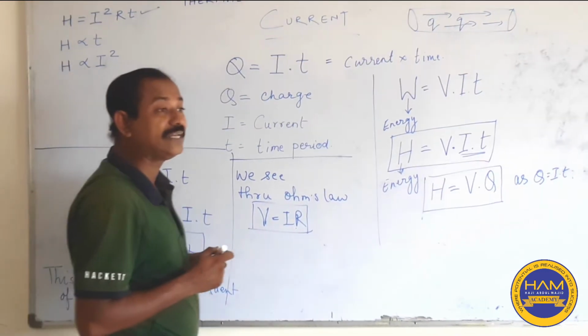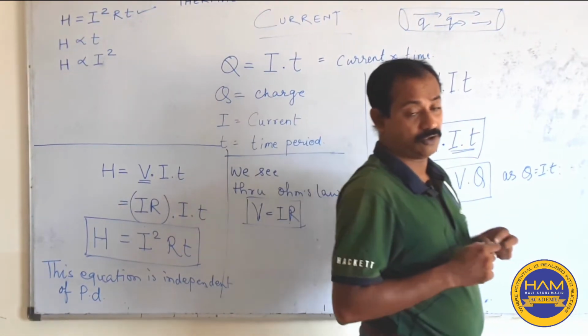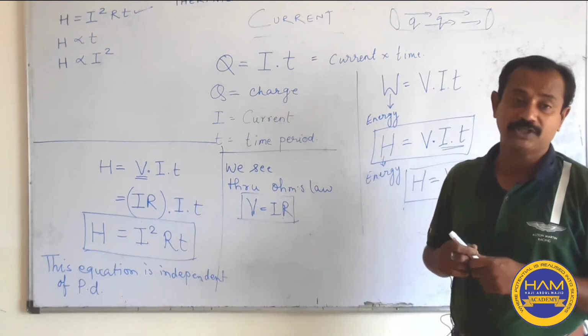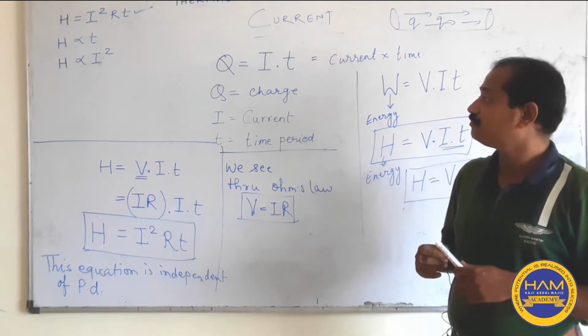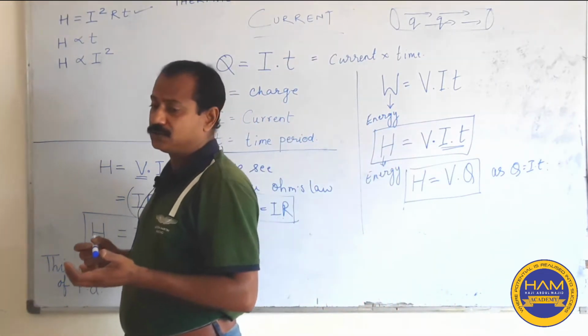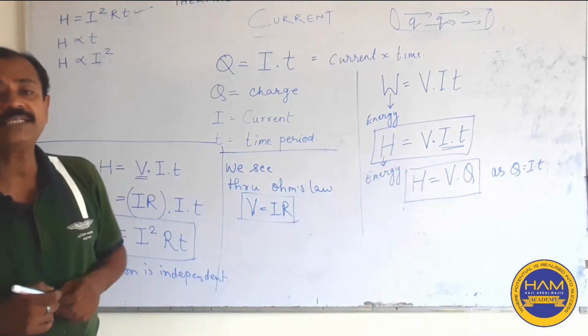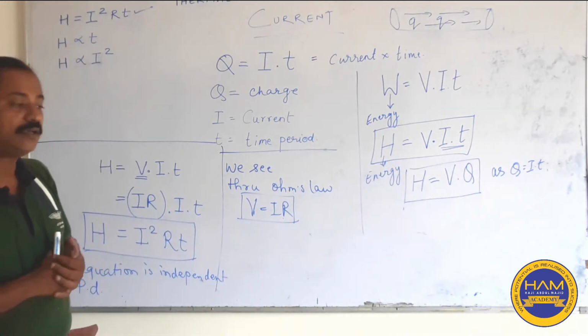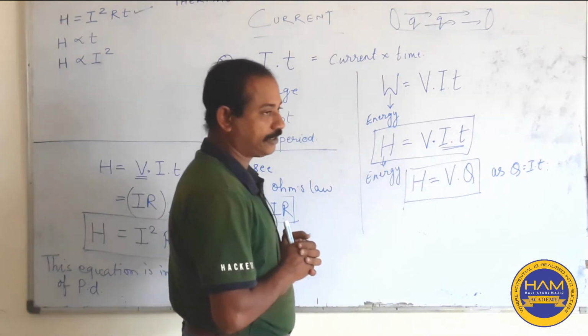Means if you increase the current, the heat also increases exponentially. So due to the maximum flowing of current, due to the long duration, the heat obviously continues to change, and we get the heating effect of electric current.